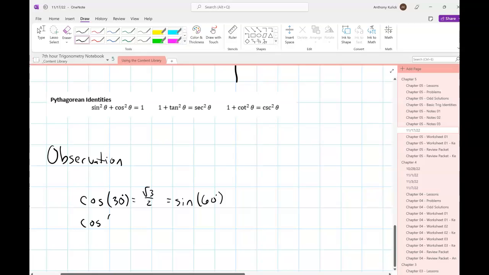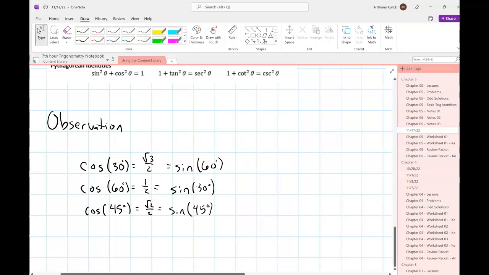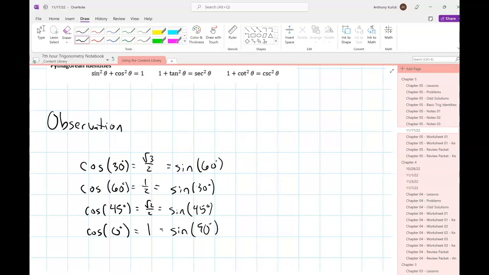And how cosine of 60 degrees is 1/2, but sine of 30 degrees is also 1/2? Or how cosine of 45 degrees is equal to root 2 over 2, but sine of 45 degrees is also equal to root 2 over 2?